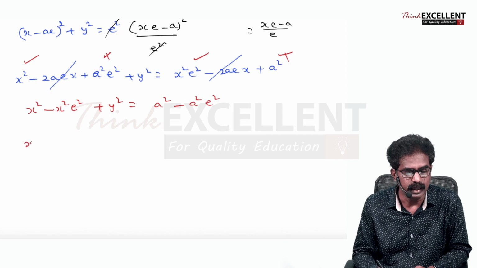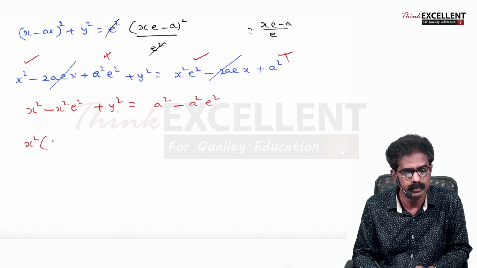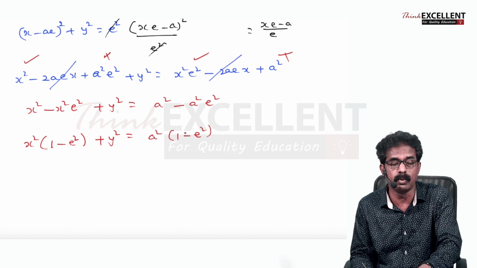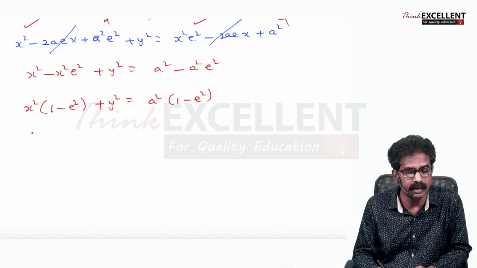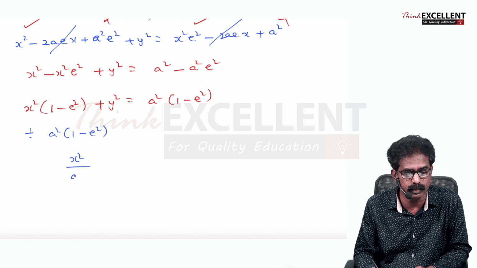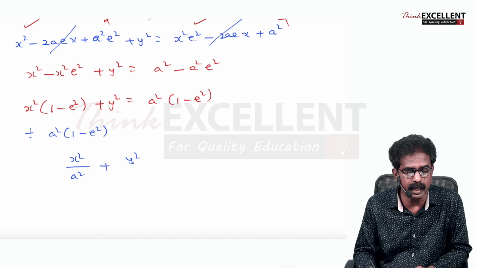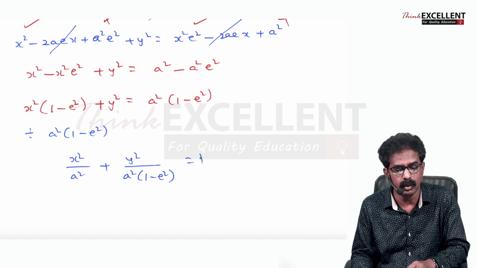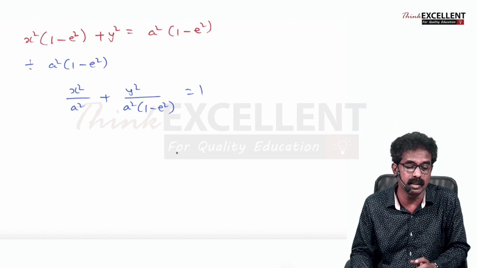In the first two, you can take X square common. You will get 1 minus E square, plus Y square, equal to, take A square outside, 1 minus E square. Now on the right side I want to make it 1, so divide every term by A square into 1 minus E square. So X square by A square plus Y square by A square into 1 minus E square equal to 1. 1 minus E square is negative, right? Because E is more than 1.